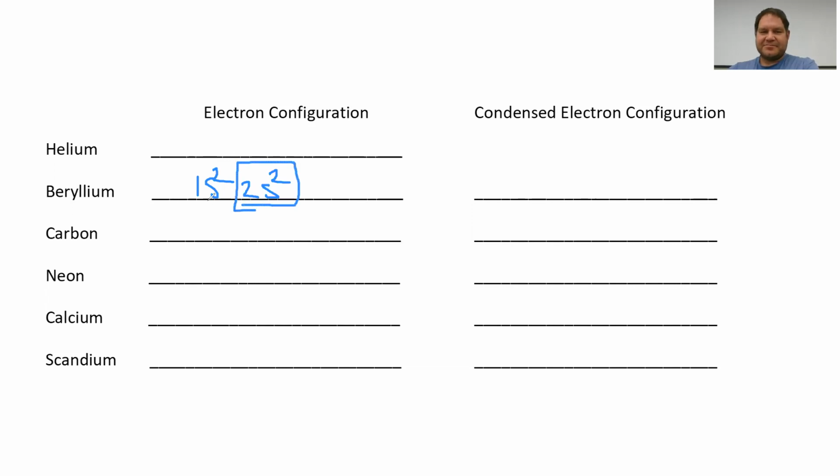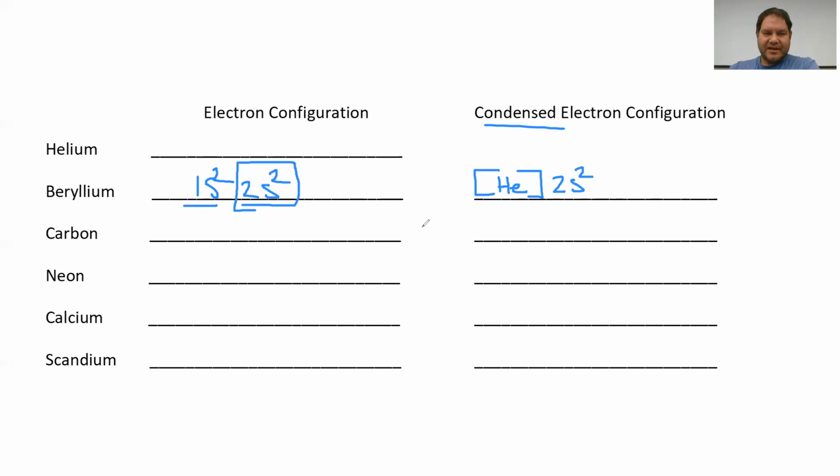So what we're going to do is we're going to take everything up in front of the most important electrons, and that electron configuration in front should be the representation of a noble gas. So the 1s2 is a representation of helium. So we're going to actually put helium in brackets to represent our 1s2. And then we're going to just put 2s2, and that is the condensed electron configuration.